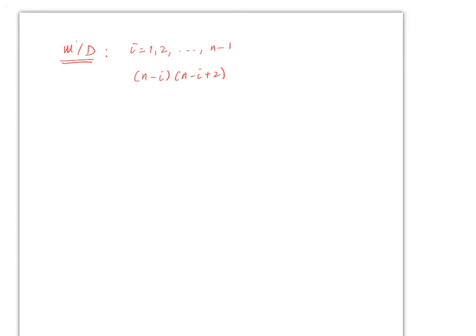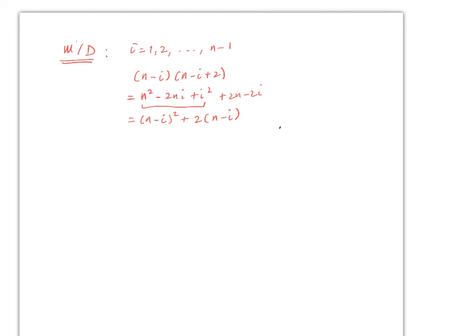If you distribute this, this will give you n squared minus 2ni plus i squared plus 2n minus 2i. And notice that this, you can factor as n minus i squared. And this one you can factor like this.